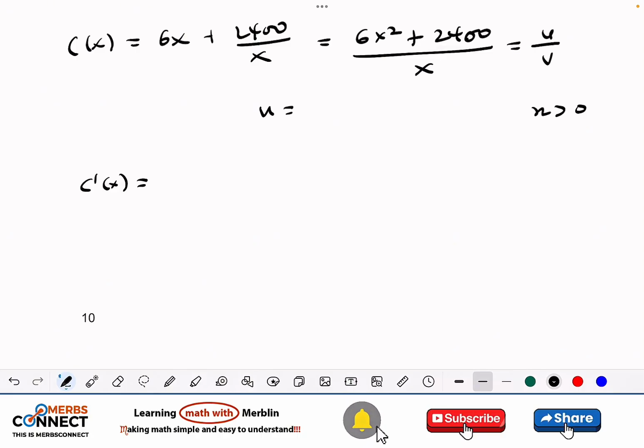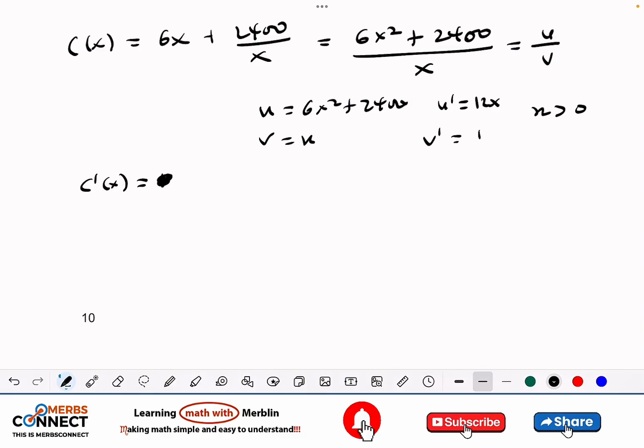So u is equal to x squared plus this, and v is x. What is u prime? u prime is 12x, and what is v prime? This is 1. So we know that our derivative, if we are using the quotient rule, is v u prime minus u v prime divided by v squared.